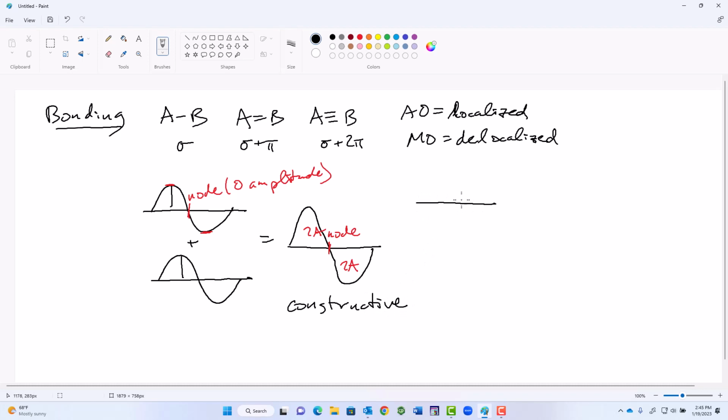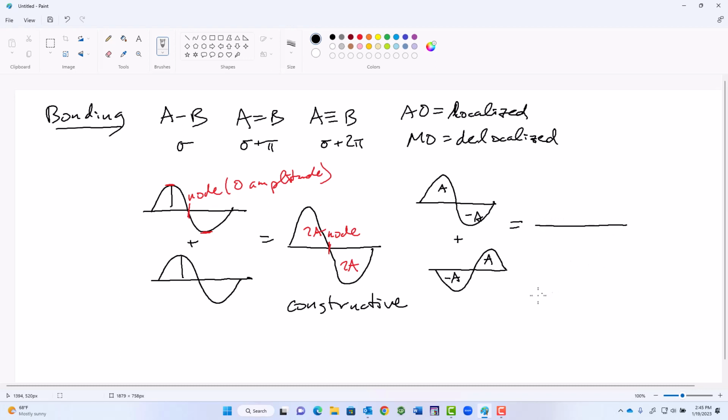If we look at the opposite case, let's say we had the same wave that we started out with before, and we add it to a wave that is opposite in phase, we would call these two waves out of phase, where we have amplitude A plus amplitude negative A, or negative A plus positive A. We would see that this wave is zero all the way across.